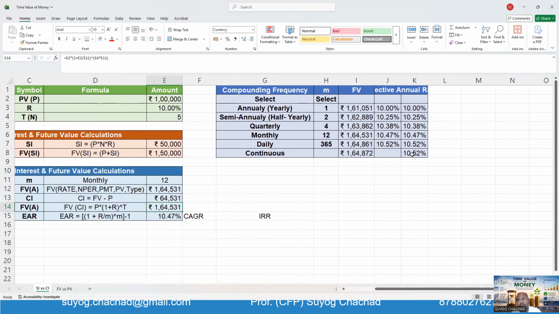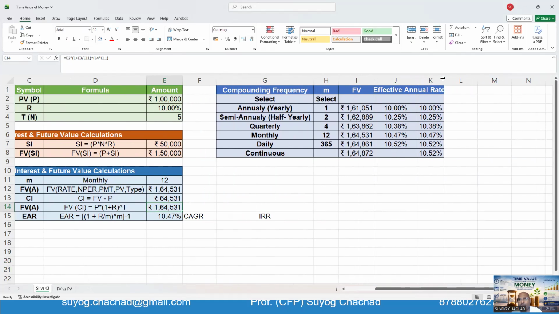Or I can show it in this particular table. If you choose different compounding frequencies, let's say yearly, you will get 1,61,000, for half-yearly 1,62,000 and so on. So as you increase your compounding frequency, your final amount will be higher than for the lower frequencies.